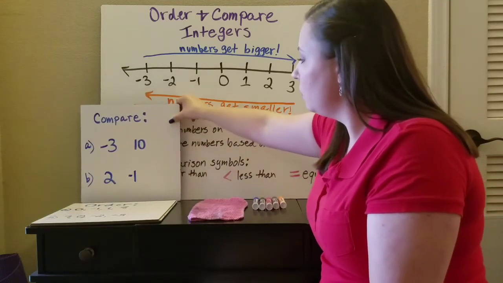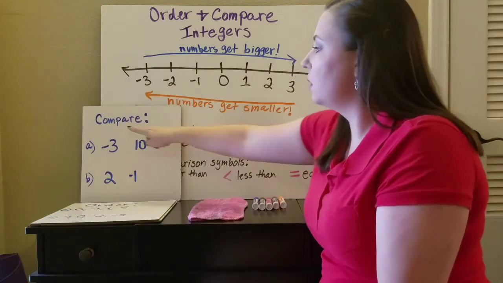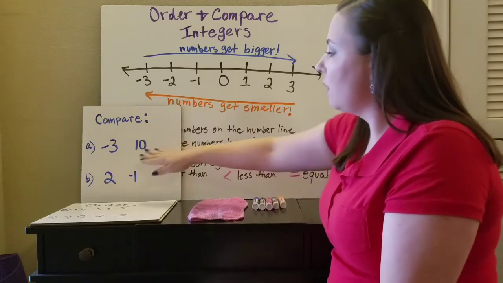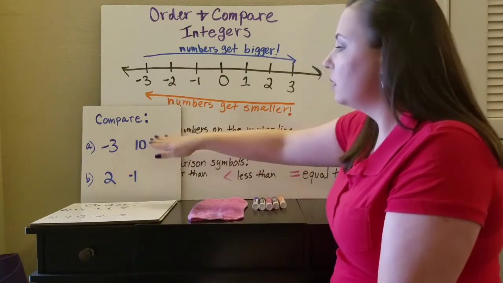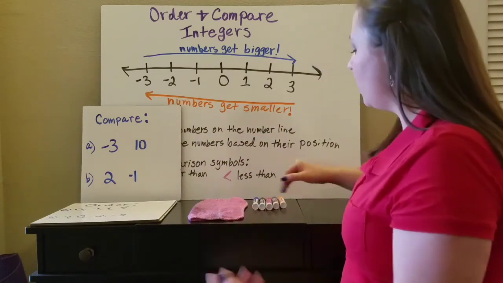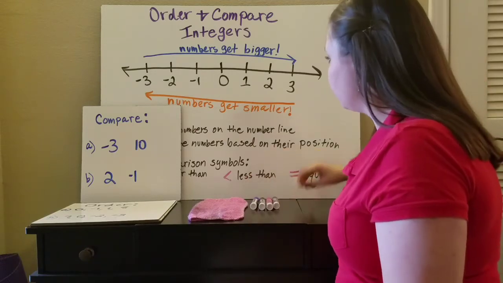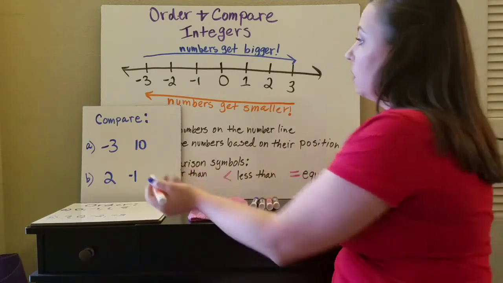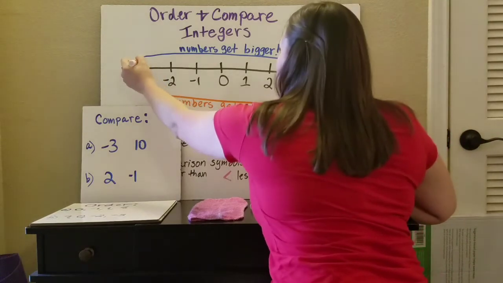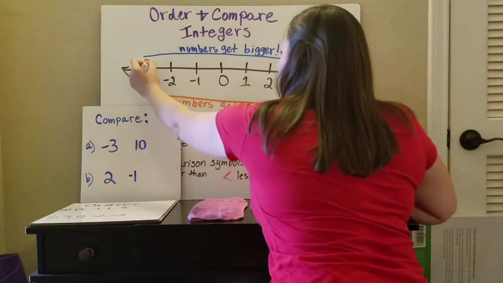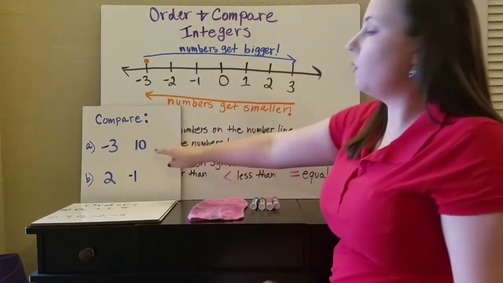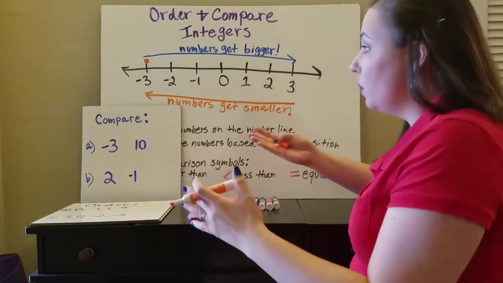First one we want to do is compare -3 and 10. So if we were going to plot this on our number line, -3 is going to be right there. So we'd put a circle right where the -3 is. Now +10, where's +10 going to be?